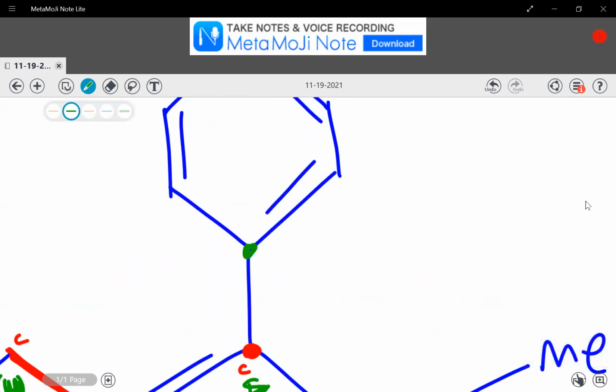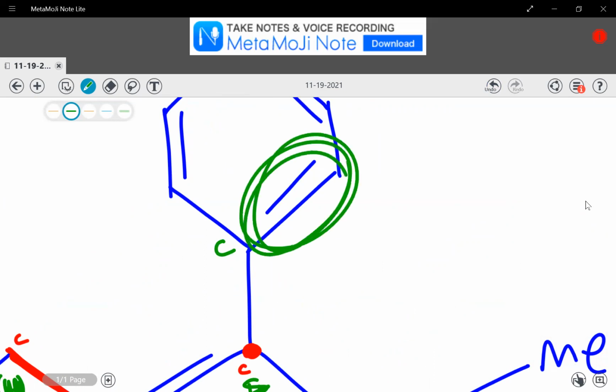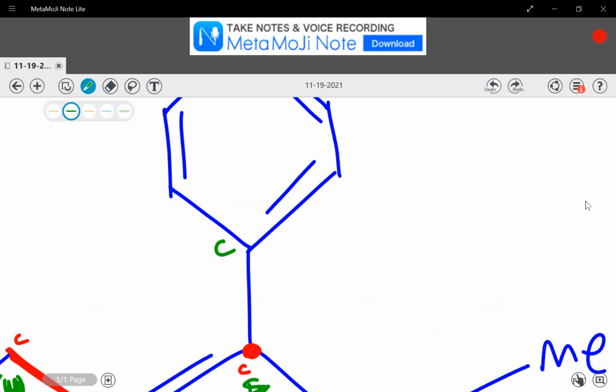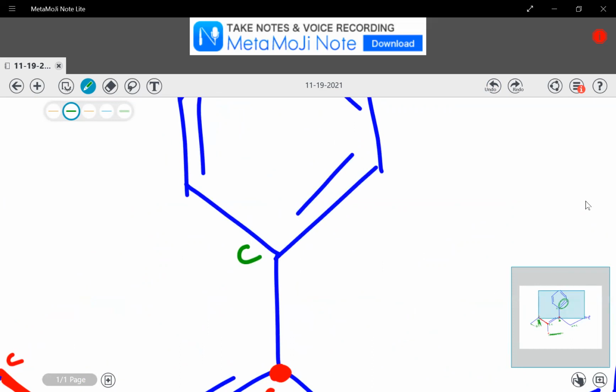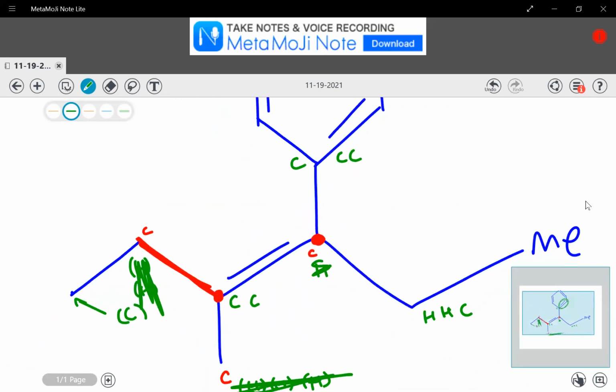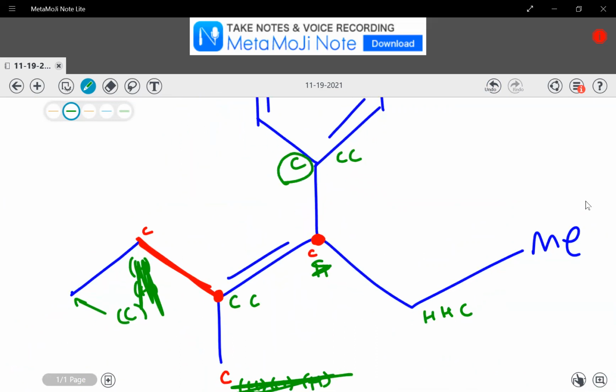This center right here is attached to 1 carbon here and double bonded to a carbon over here. Now, because this double bond here is not our axial chirality, it's not that guy, we can count it as twice. Okay, well, this guy's got the most carbons.